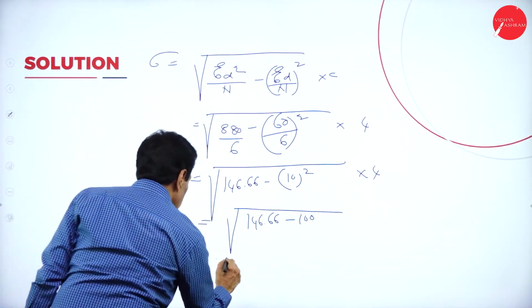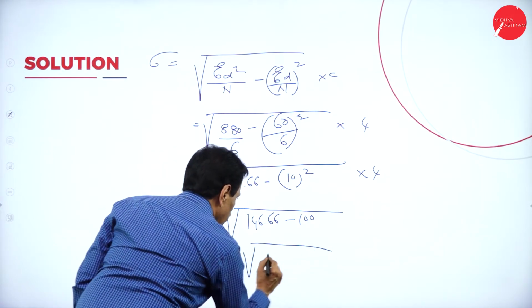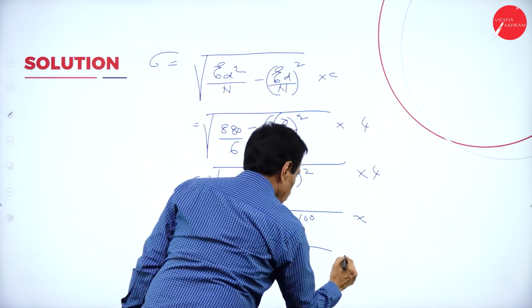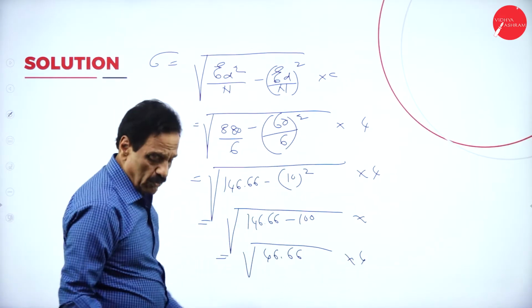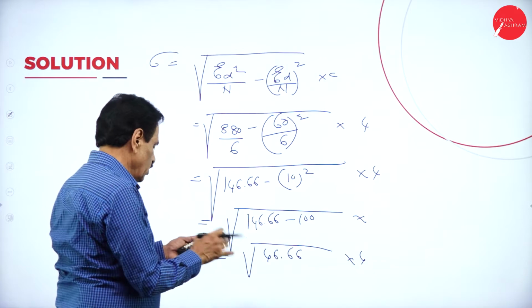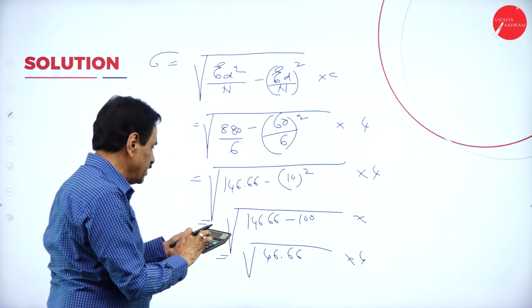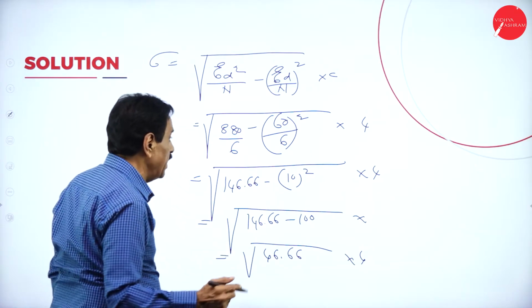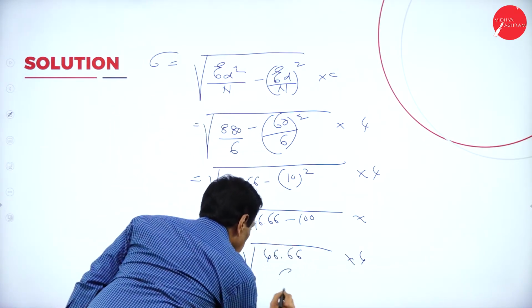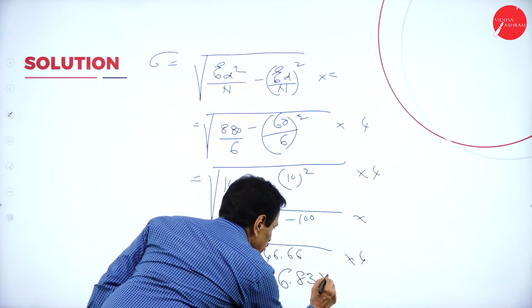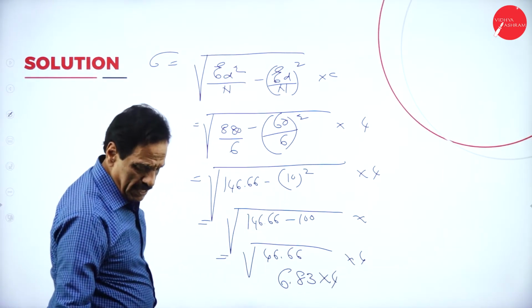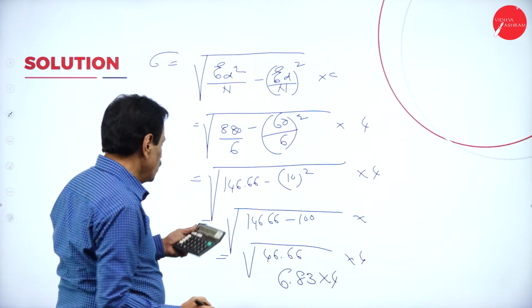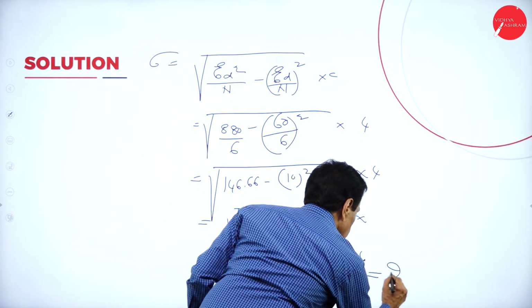It will come 46.66 into 4. Remove that root. 46.66 root of that, 6.83. 6.83 multiplied by 4 will come 27.32.